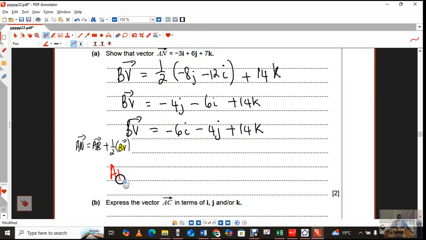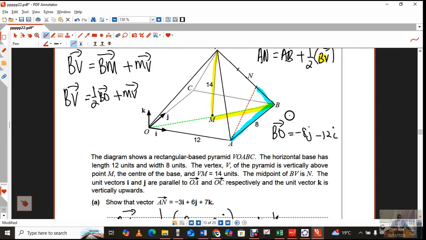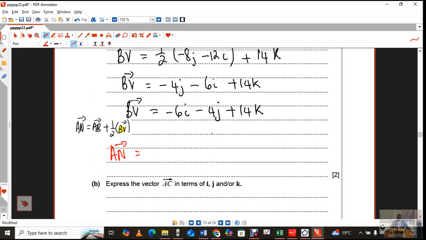So I will say that AN is equal to AB plus BN. Now let's go quickly and see what is AB. AB is nothing but 8J. That's what AB is. Plus a half of this answer. A half of this answer: negative 6I minus 4J plus 14K.